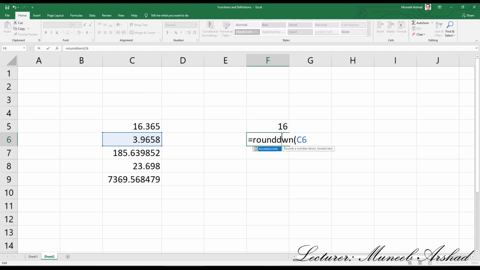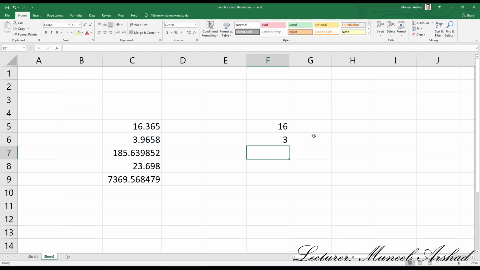Let me type it correctly. So C6, comma, the number of digits 0. Although math says that this figure, if rounded off to a whole number, should come out to be 4, by applying the round down function, it will forcefully round the figure down to a whole number, which is 3 and not 4.